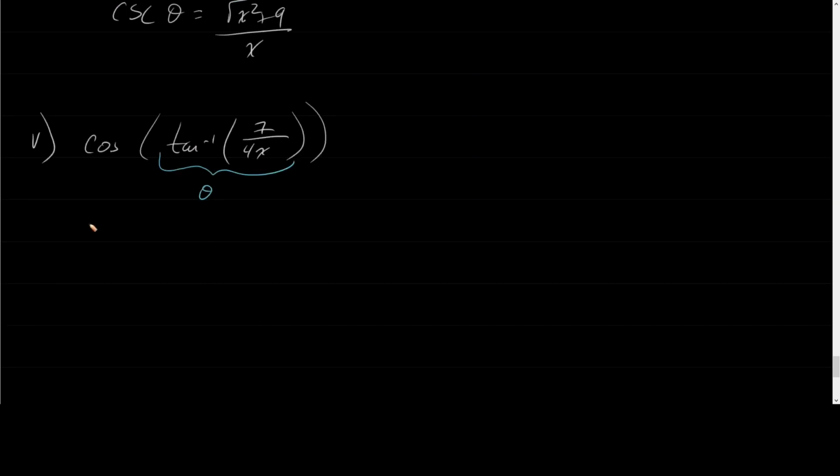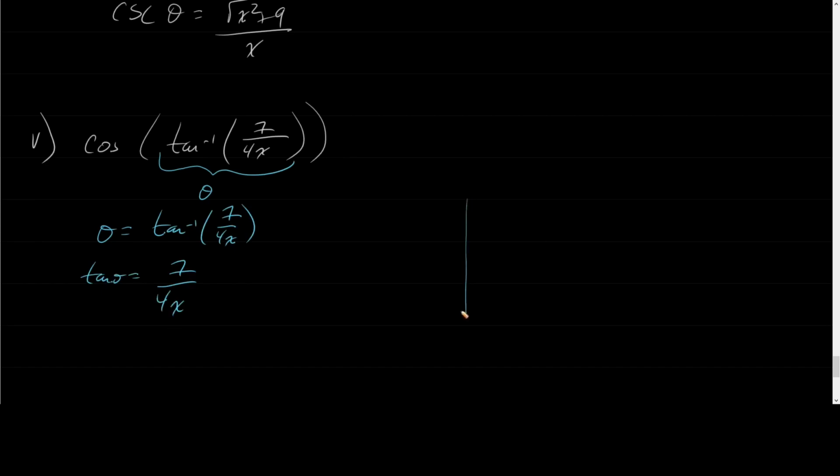So what we have here is that tan theta is equal to 7 over 4x. And hold on, I skipped the method. Theta is equal to tan inverse of 7 over 4x, so that tan theta is equal to 7 over 4x.